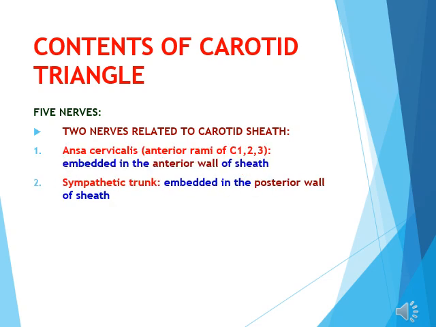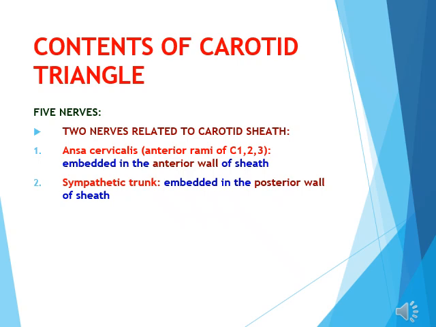Okay, let's now see the neural anatomy within the carotid triangle, beginning with two key nerves intimately associated with the carotid sheath itself. These nerves are embedded within the fascial walls and play a critical role in motor control and autonomic regulation. So what are these nerves?